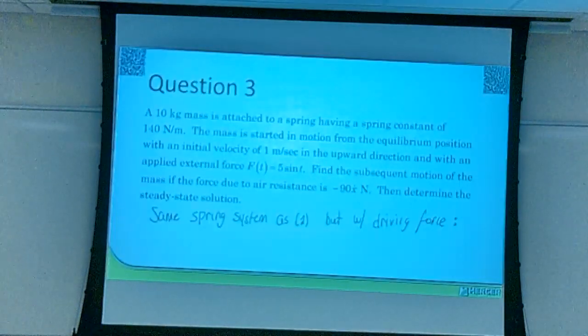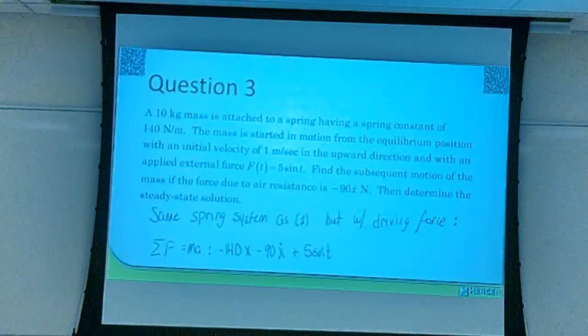I'm just going to keep that in the back of my mind. Sum of forces, ma. In this case, the sum of forces is negative 140x, that's the restoring force, minus the 90x dot, the resistance, plus our driving force, 5 sine of t.